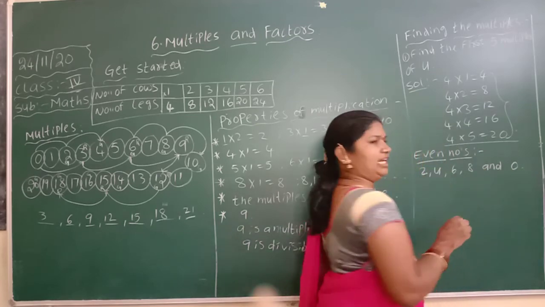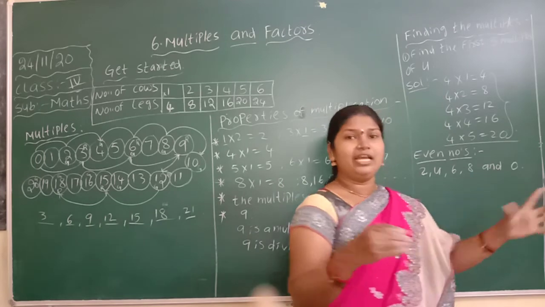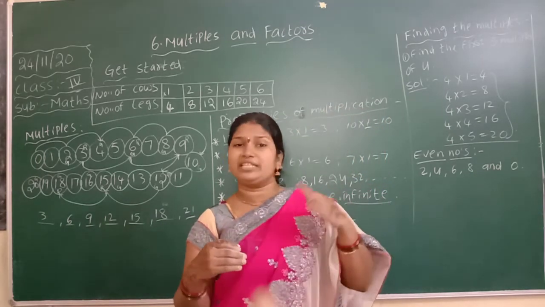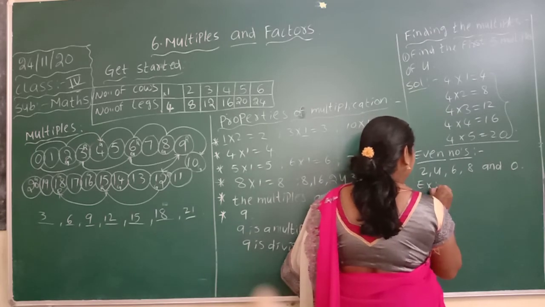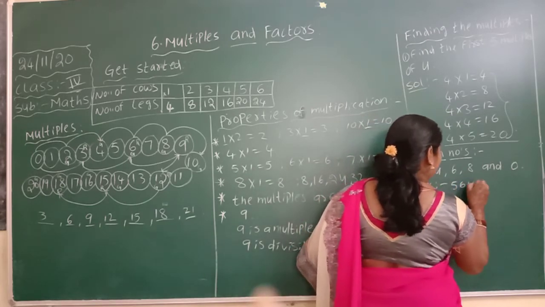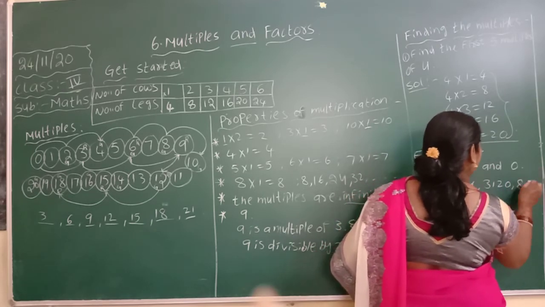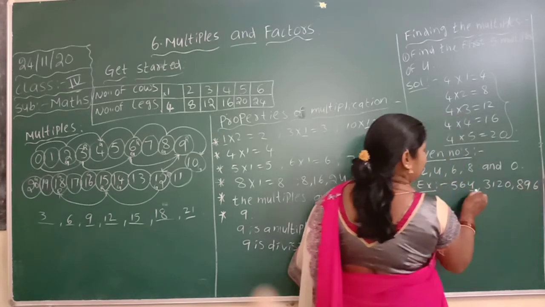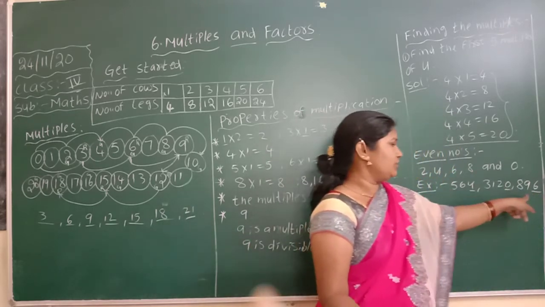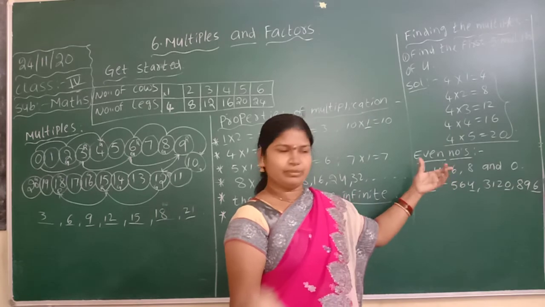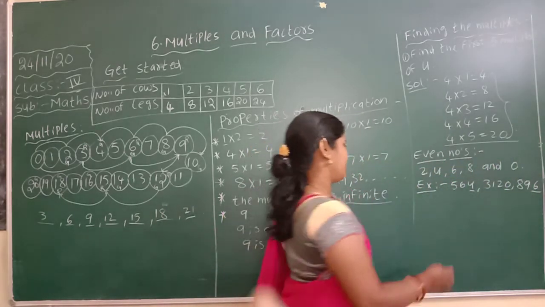If a number has any number of digits but one of these is in the ones place, the total number is called an even number. For example, 564, 3120 and 896. You have to check only the ones place. In the ones place we have 4, 0, 6. These are even numbers, so the total given numbers are also known as even numbers.